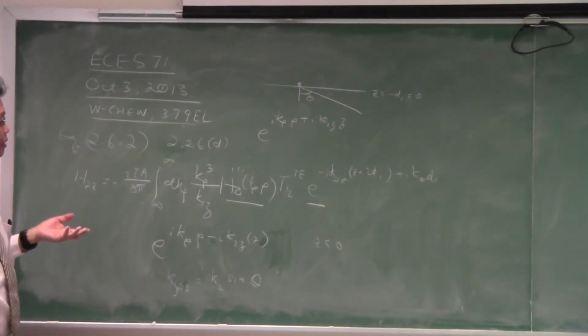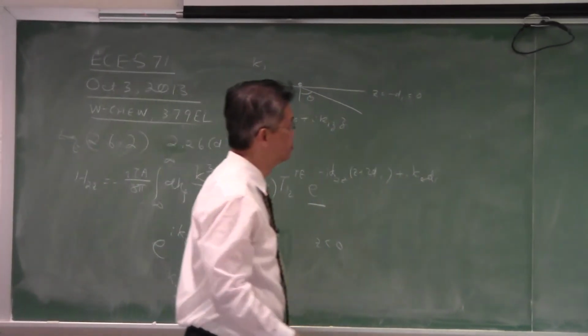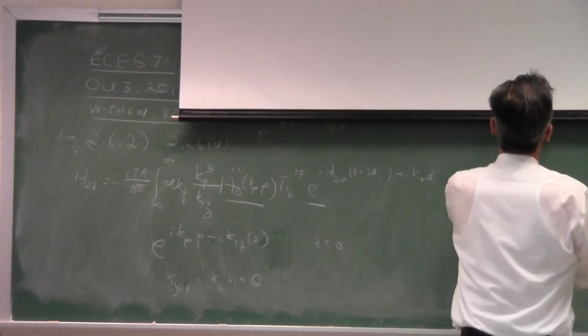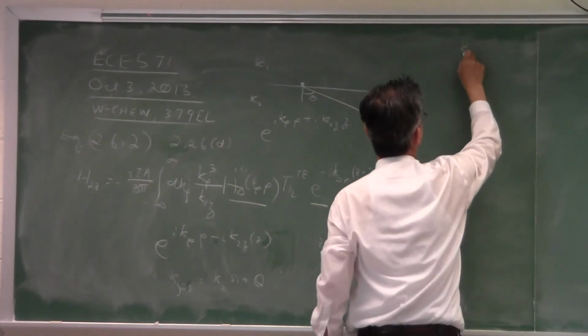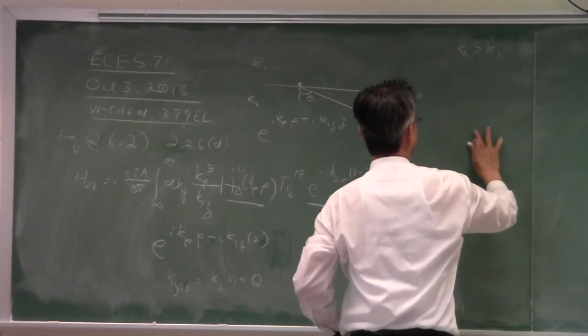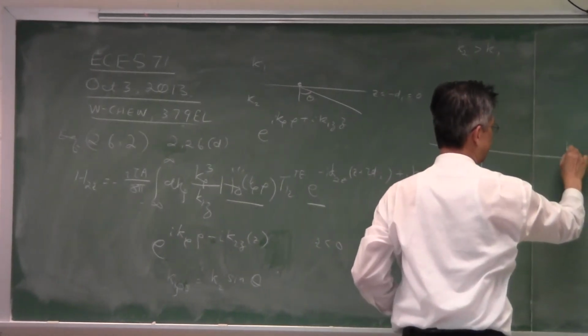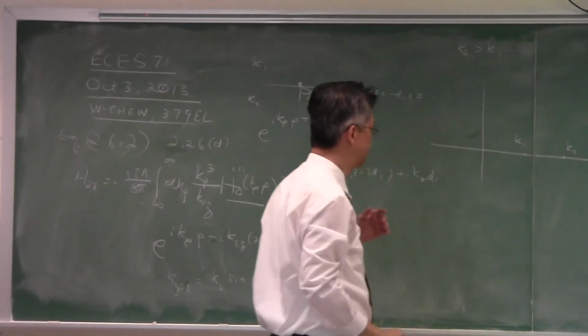Then there are two branch points in the integrand, k_1 and k_2. Let's assume that k_2 is larger than k_1. If you draw this, k_2 will be somewhere out here, k_1 somewhere out there.